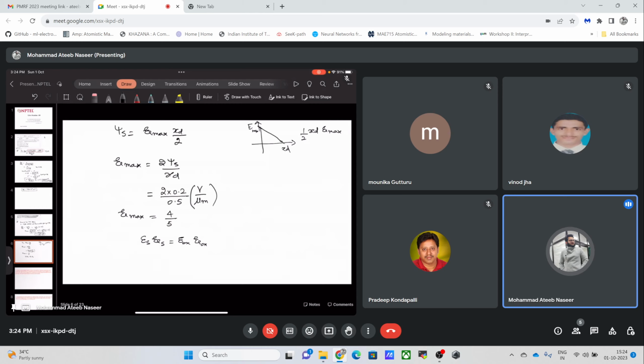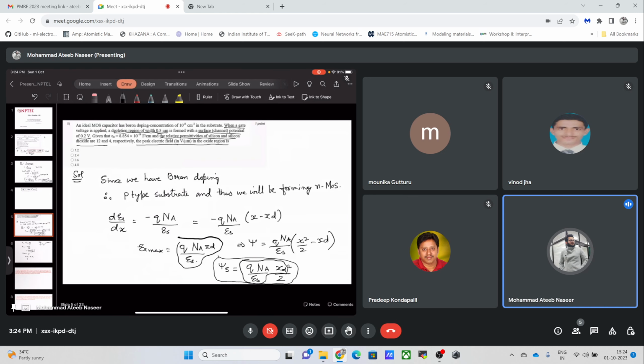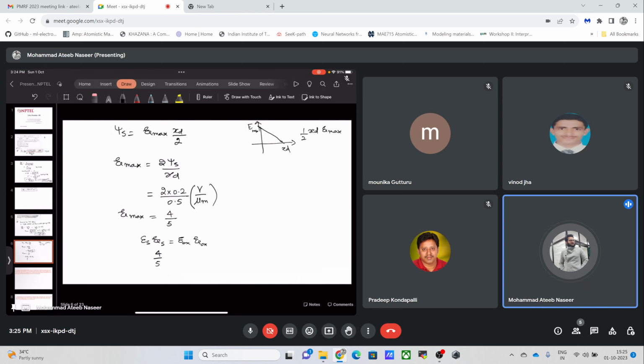Now we know this ES value, this maximum electric field value, which we found out was 4 by 5, and this epsilon s must be given to us. The epsilon of silicon is simply 12 and epsilon of silicon dioxide is 4. So it is 12 times 4 by 5, equal to 4 times the oxide field.